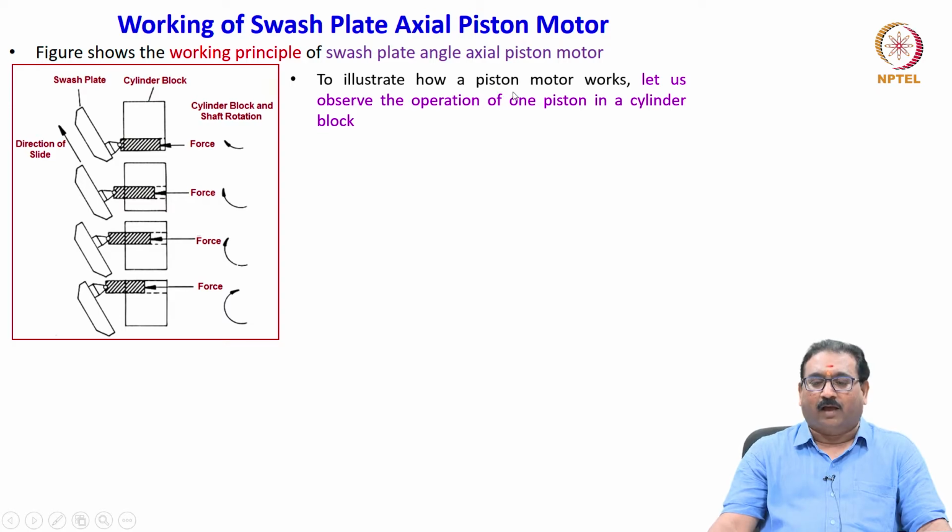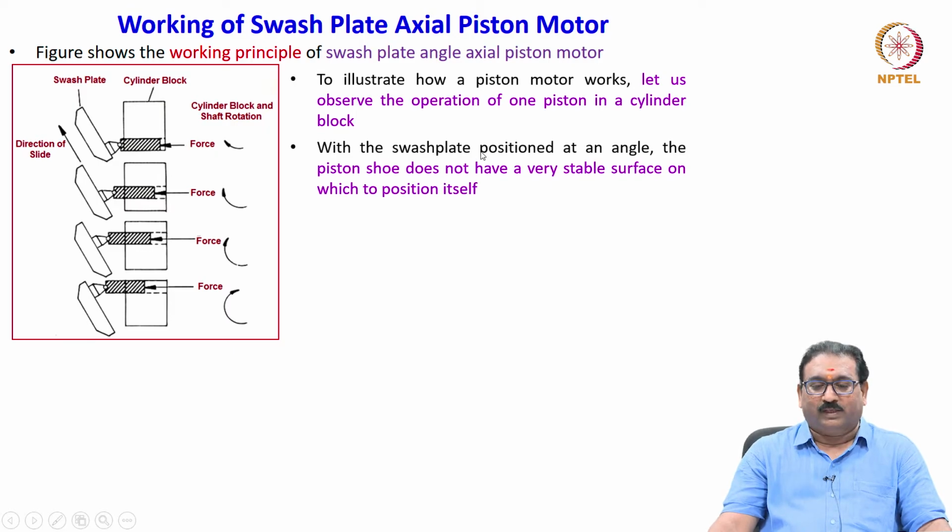To illustrate how the piston motor works, let us observe the operation of one piston in a cylinder block. With the swash plate positioned at an angle, the piston shoe does not have a very stable surface on which to position itself.